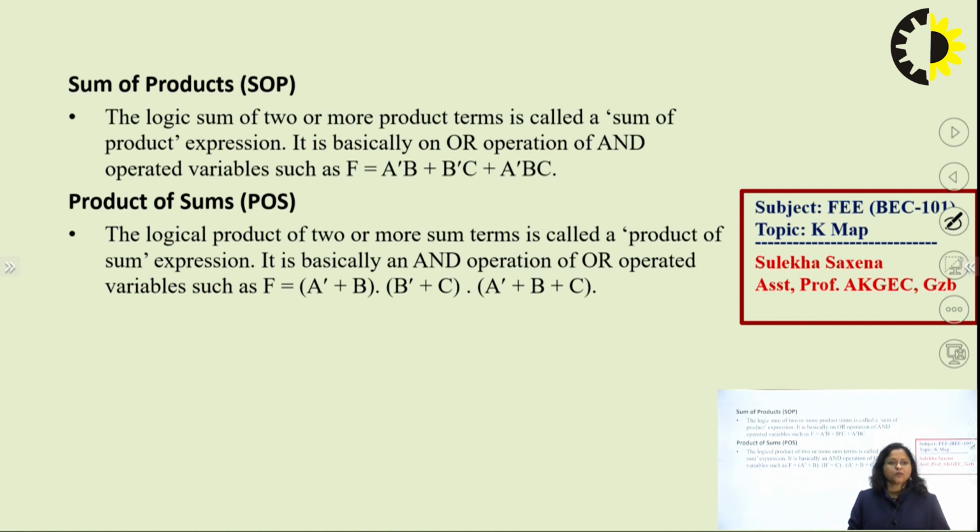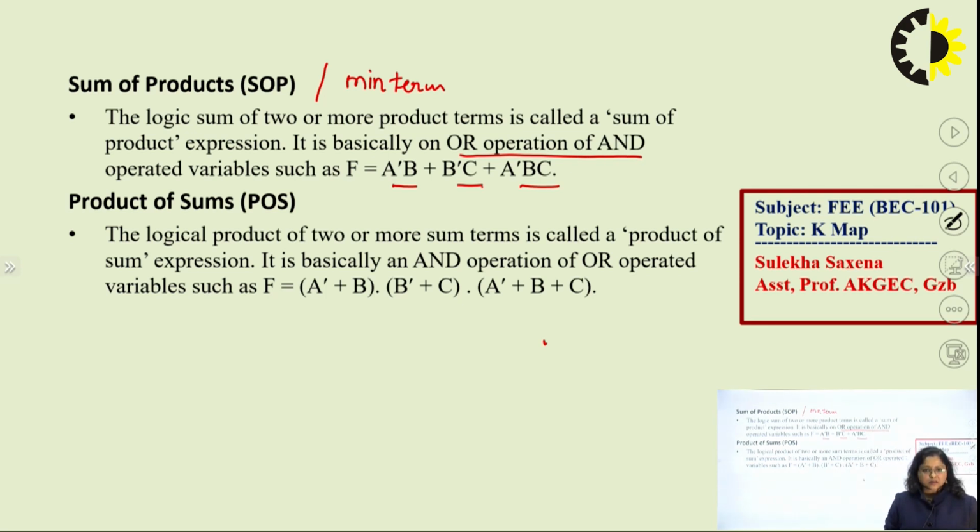Now, what are SOP and POS forms? SOP form is also called min term expression, that is, sum of product terms. Each literal is in product form and we add the whole product terms, that is sum of product form. It is basically the OR operation of AND operated variables, and each product term is entered as 1 in the KMap.